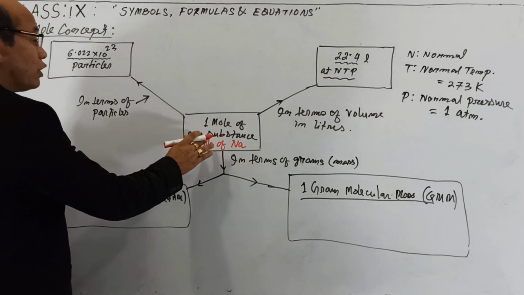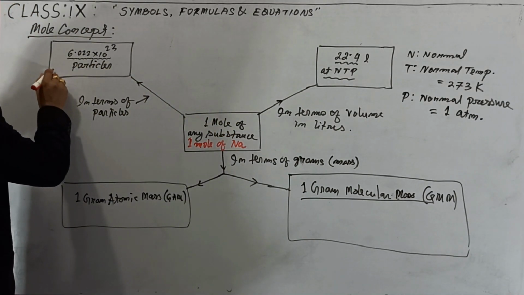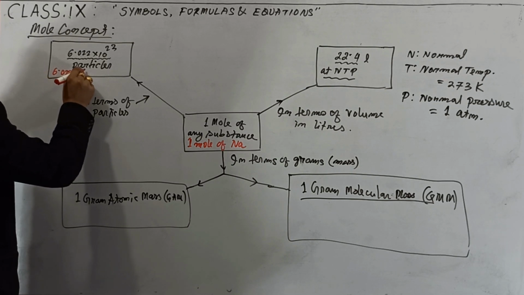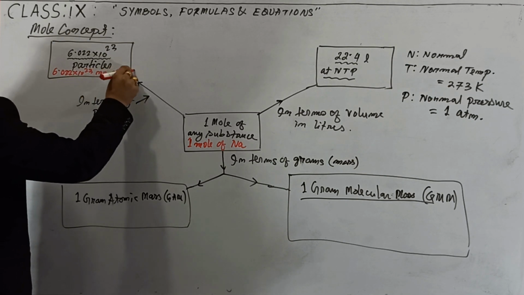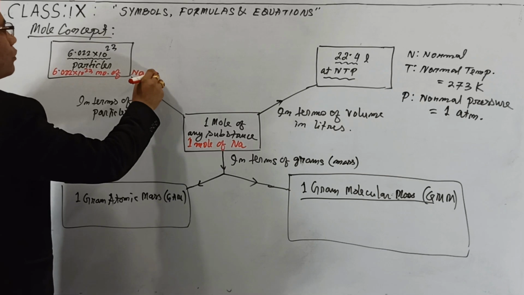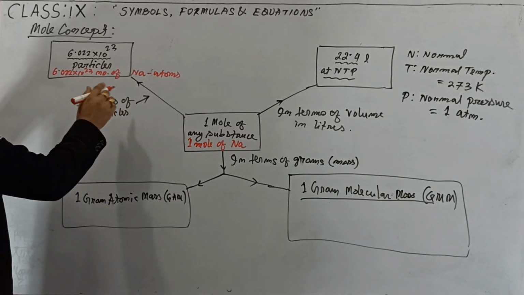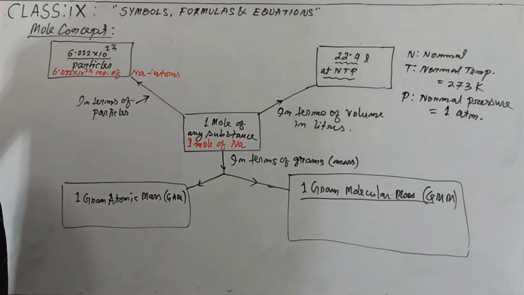If you want to convert this 1 mole of sodium into number of sodium atoms, then the number of sodium atoms will be 6.022 into 10 to the power 23 sodium atoms.